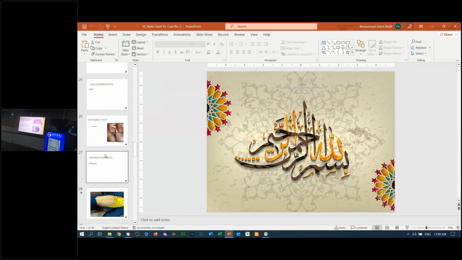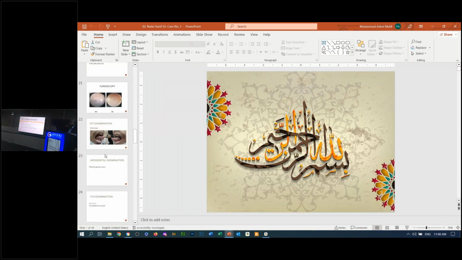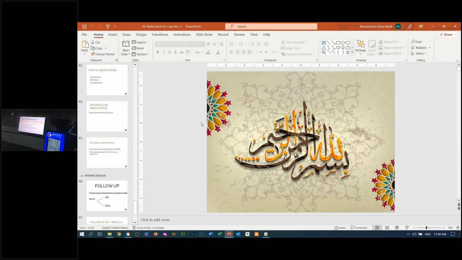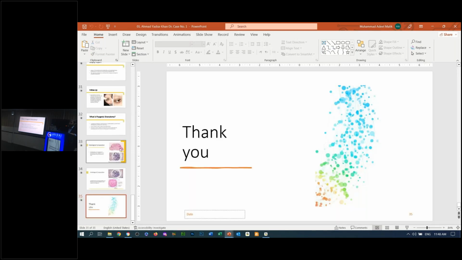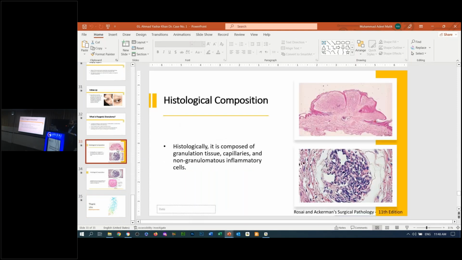It was sent as a mass, and the lab did not form the. Yes, sir. Yes, we should have advised them from the samples. Generally, they're not formed, sir. On every biopsy, they're not. Yes, very good suggestion, sir.